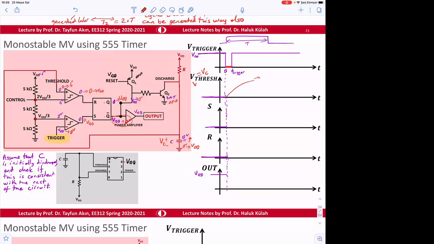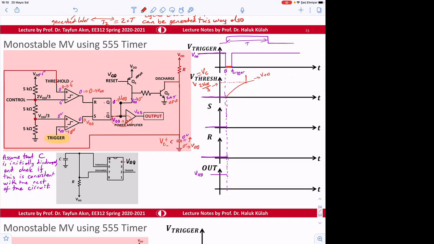To go to VDD. But things will start changing when the threshold reaches this voltage. What is that voltage? 2 VDD divided by 3, or 4 volts. So things will start changing after this point. This is the important point, because the output will be switching.